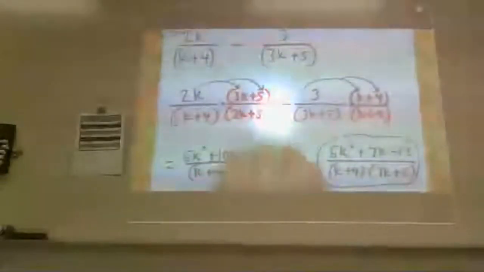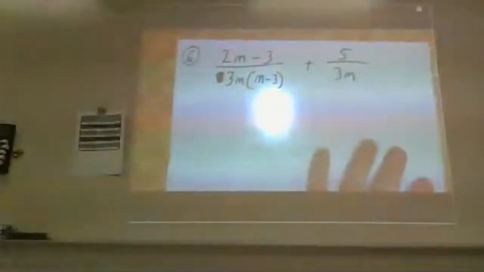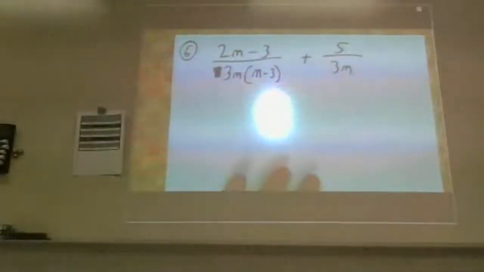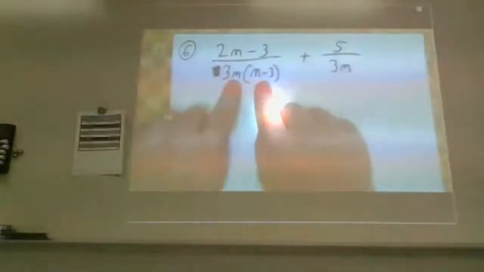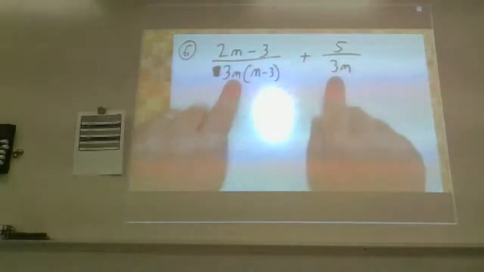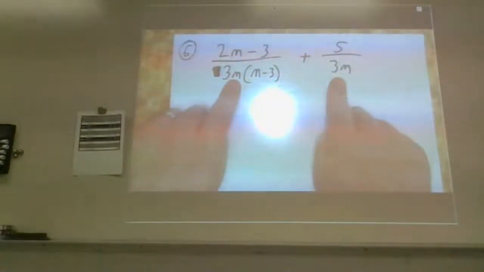Last problem, number 6. I already have it written down right here, and I have factored the denominator by taking out the greatest common factor. Each fraction already has a 3m.